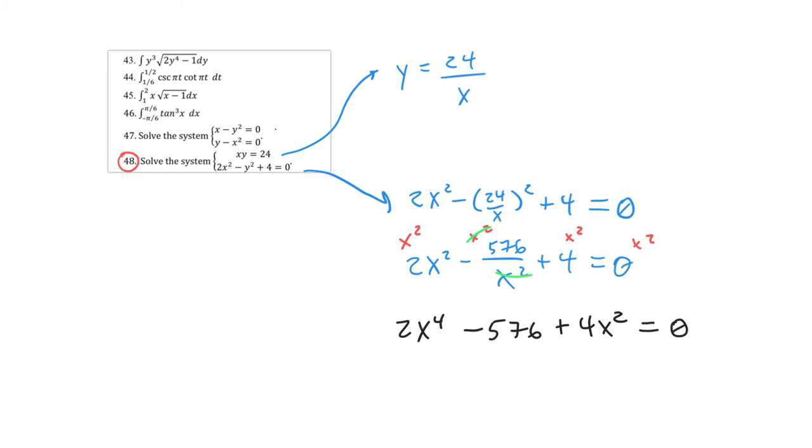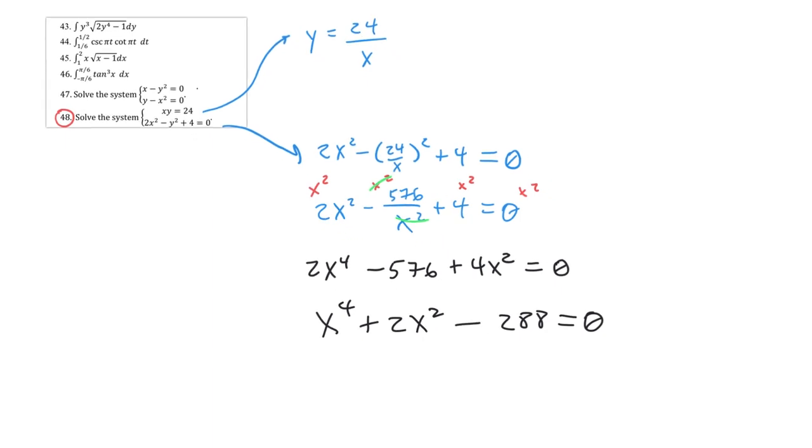At that point, I believe we could probably divide everything by 2. So we would have x to the fourth. I'm just going to rearrange it a little bit. It's going to be plus 2x squared minus 288, and that equals 0.